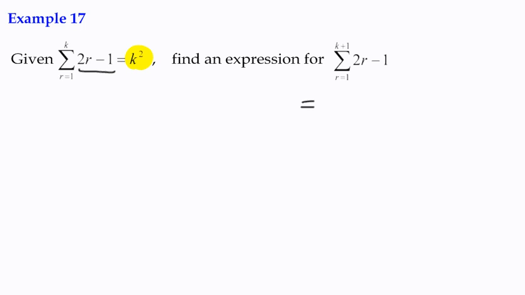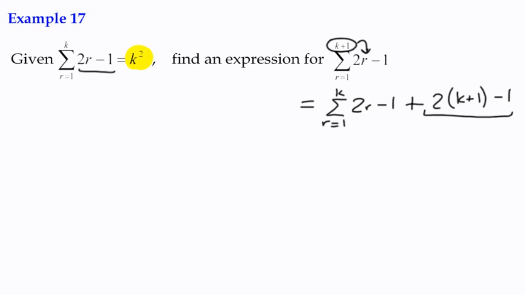So what we're saying here is that we can split this up into the sum of the series 2r minus 1 from r equals 1 just to k, the first k terms, plus what happens when we take k plus 1 and substitute it into the expression 2r minus 1. And what we get there is 2 lots of k plus 1 minus 1.